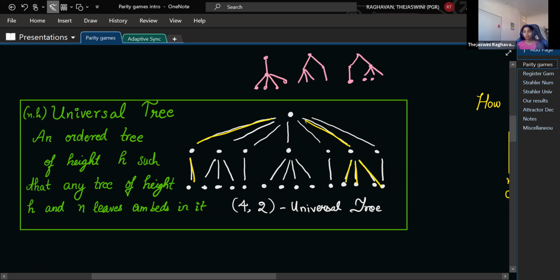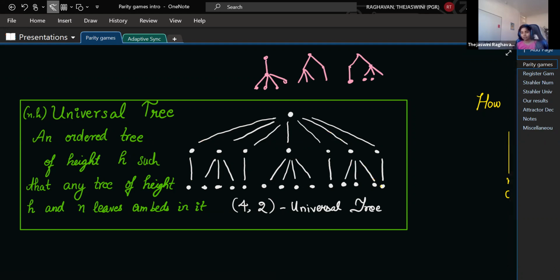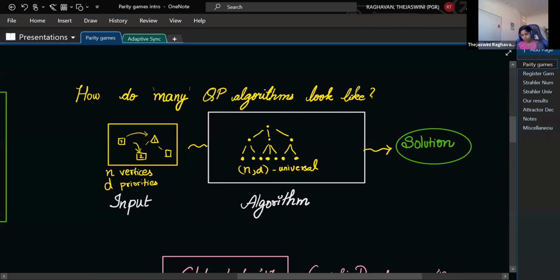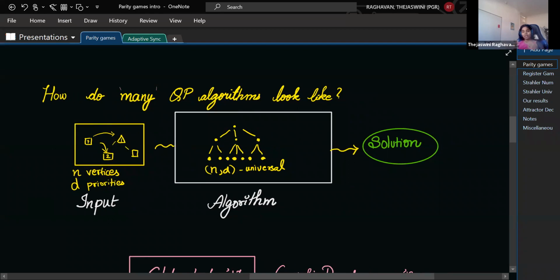This is just an example, but I can assure you that this is 4,2 universal, and if you come up with any tree with 4 leaves, you can fit it in here. This is what many quasi-polynomial time algorithms do: they look for the tree of the parity game hidden in this universal tree by exhaustively searching through it.